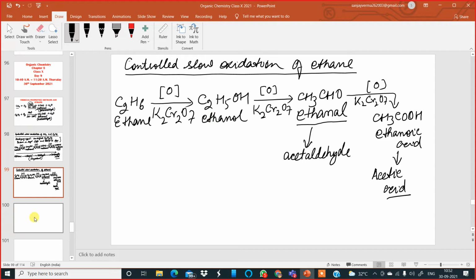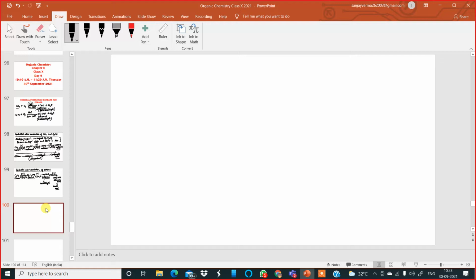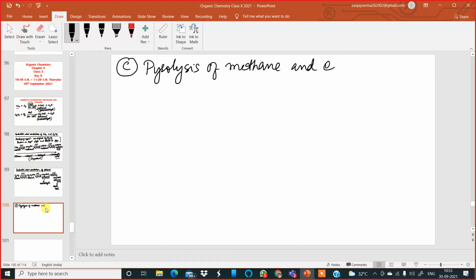The next chemical property under methane and ethane is pyrolysis. That is number C, pyrolysis of methane and ethane.